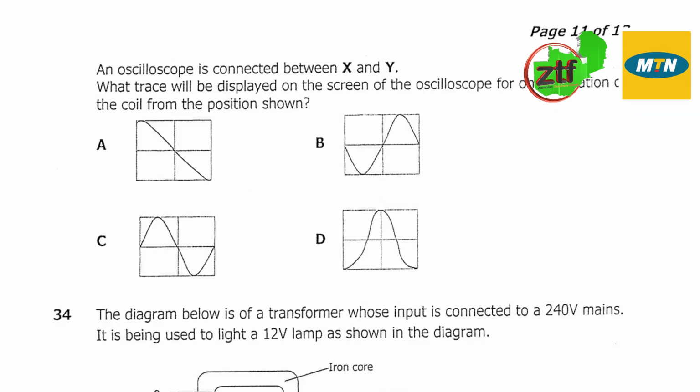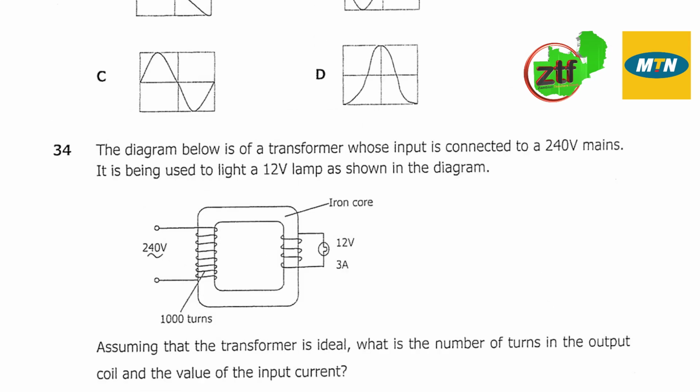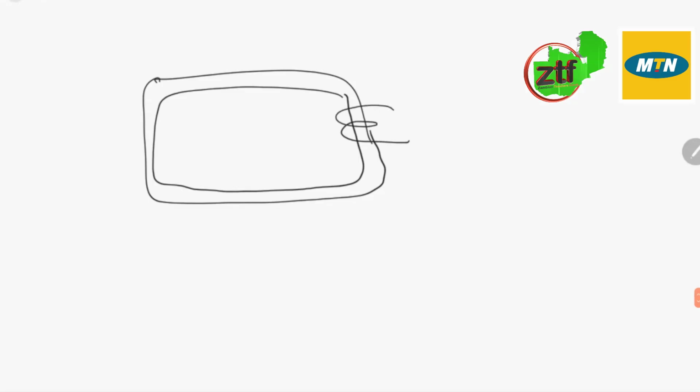Question 34. The diagram below is of a transformer whose input is connected to a 240 volts mains. It is being used to light a 12 volt lamp as shown in the diagram. So I want to do this transformer very quickly. We have this as our core, and then we have the turns here, and the number of turns there.